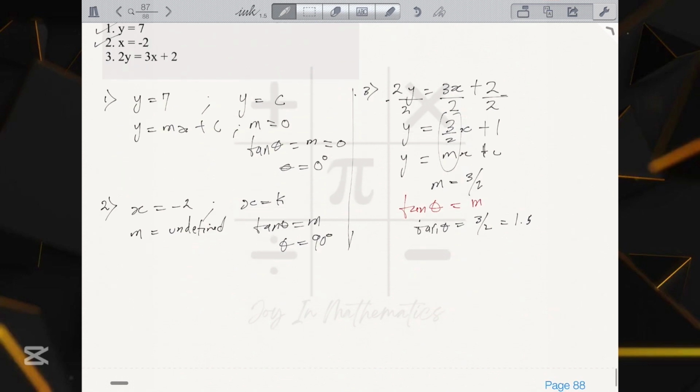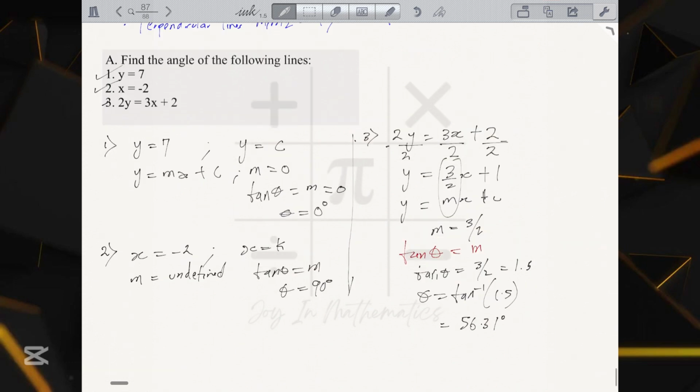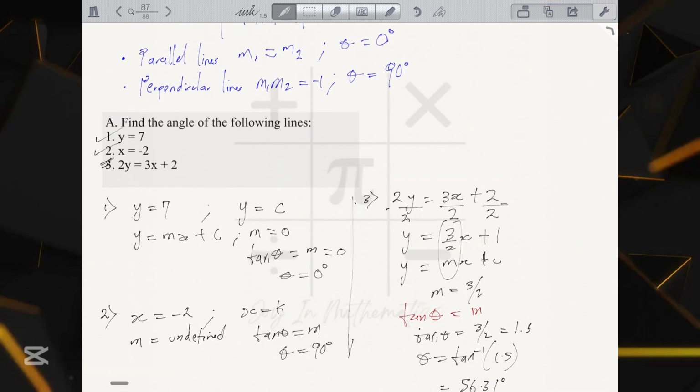Therefore, we can evaluate theta to be arctan of 1.5. Using our calculator, theta is equals to 56.31 degrees. So we have solved the first section of this question. Now let's move on to the second section.